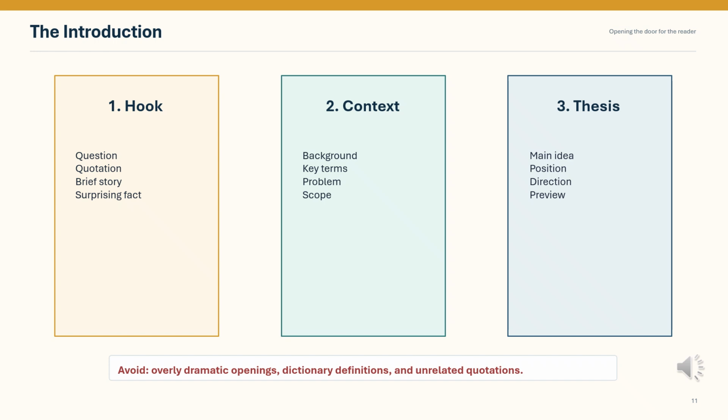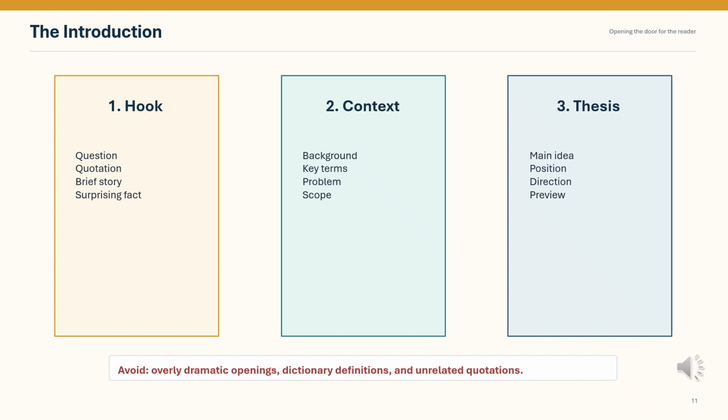Now, let me try and explain this to you through an example. Now, if the topic is the importance of communication skills for engineers, for this topic, we may begin with a general statement about the importance of it in the modern workplace. Then we may explain why communication matters in technical fields.